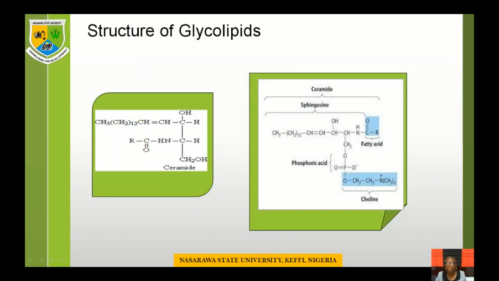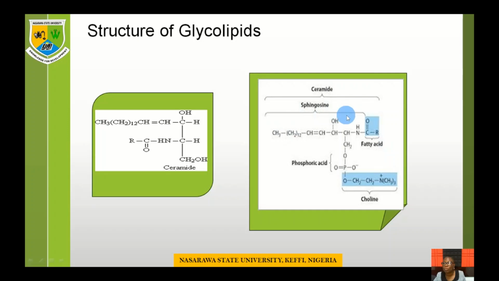These are the structures of the glycolipids. This is a structure of the ceramide. This is the sphingosine molecule, whereas this is the fatty acid. Then you have the ceramide.